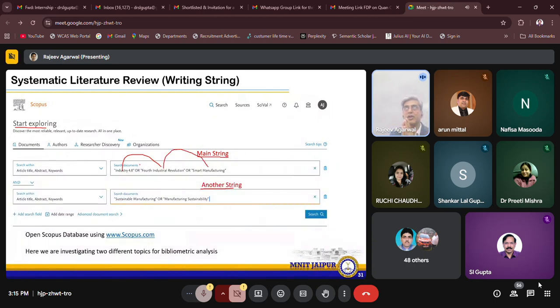I need to work on Industry 4.0 enabled sustainability, so I should know how Industry 4.0 has been named by various authors. First I know smart manufacturing, or the fourth industrial revolution also. Then manufacturing sustainability, or sustainable manufacturing. So this is scopus.com, where I can use the Scopus database.